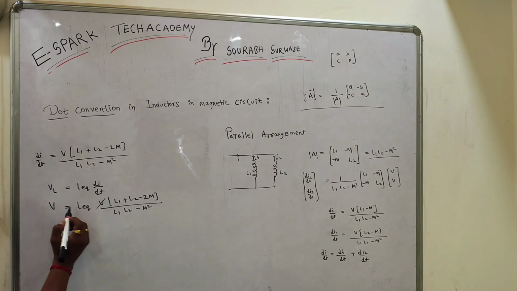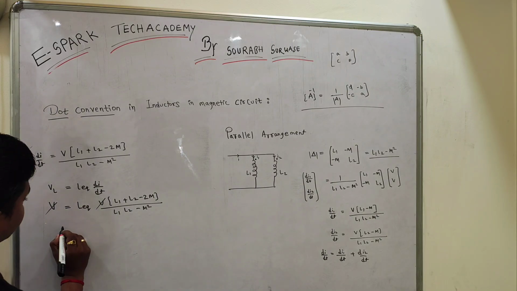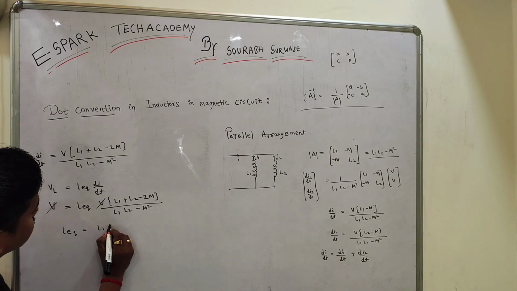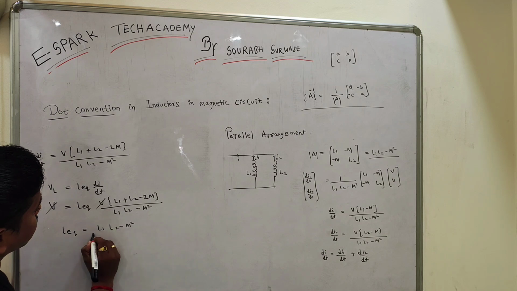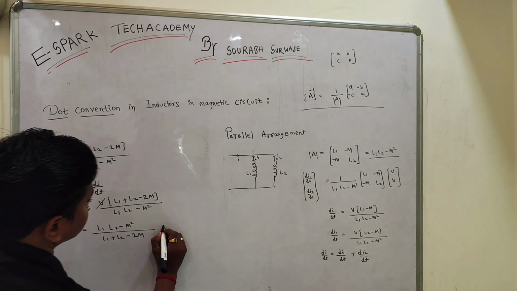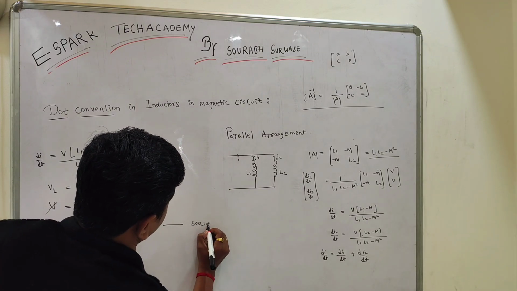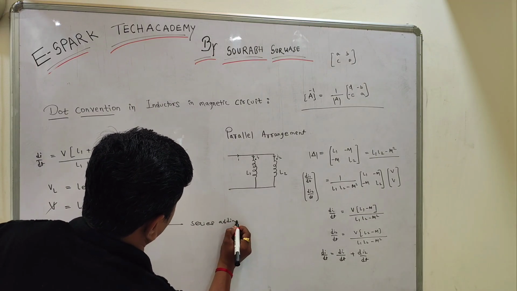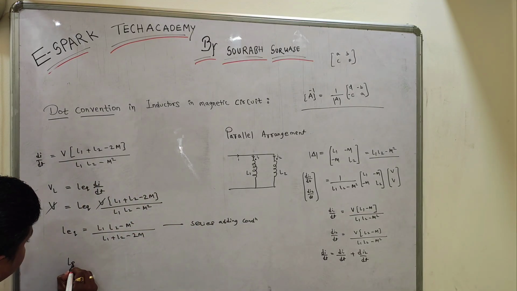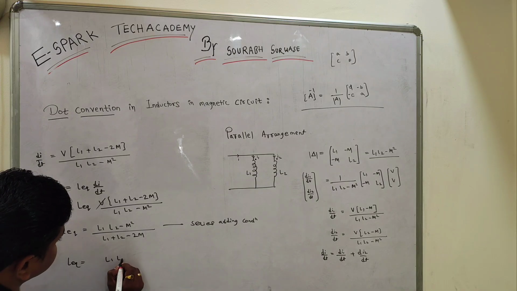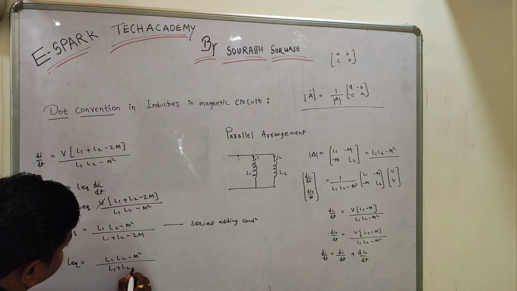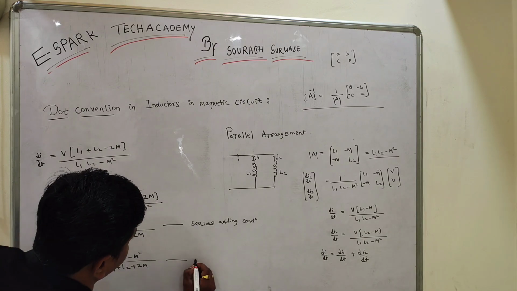Now these voltages will get cancelled and, just rearranging the equation, you get L equivalent as L1 L2 minus M square divided by L1 plus L2 minus 2M. This is the equation for the adding condition, and L equivalent for the opposing condition is the same, only here plus 2M will be there.